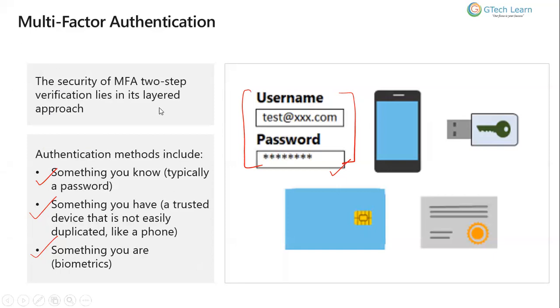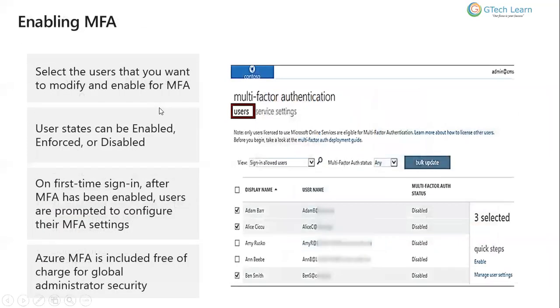Moving ahead with the next part, there is an option for enabling multi-factor authentication. We can enable multi-factor authentication for the users, and it can be in three states: enabled, enforced, and disabled. By default it is disabled, and if you want, you can configure it and enforce it for the user.